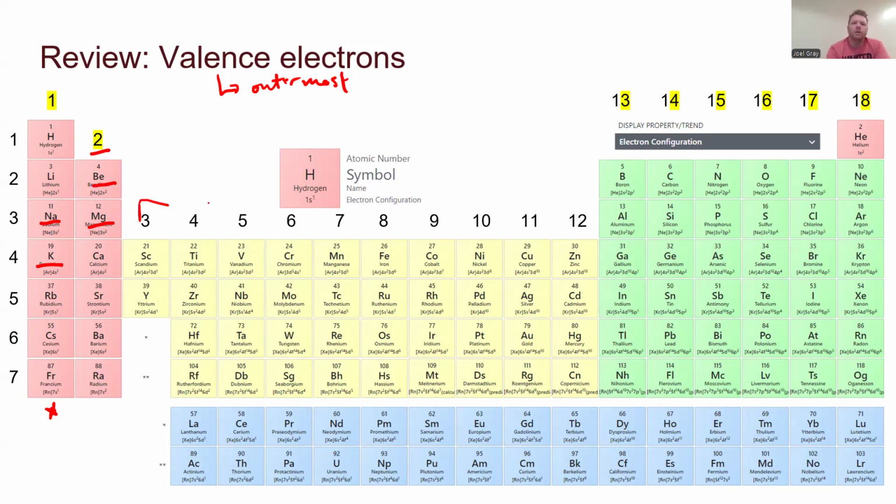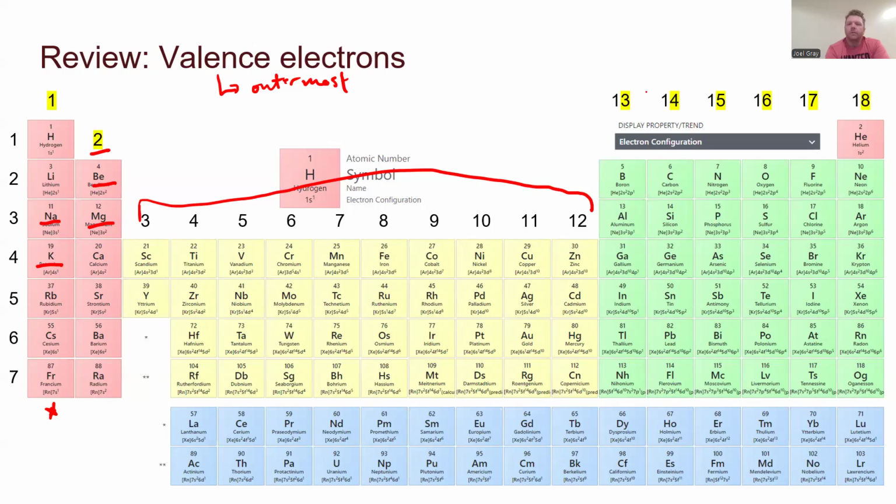This part in the middle of the periodic table is the transition metals. Those have varying numbers of valence electrons, so it's not as intuitive to say how many valence electrons each has.